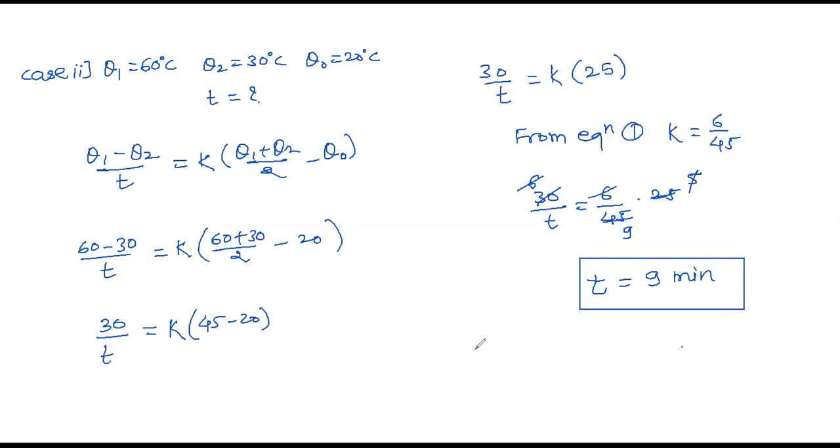So here you can write: the body will take 9 minutes to cool from 60 degrees Celsius to 30 degrees Celsius. Yes, substitute in this and cancel, you will get the answer.